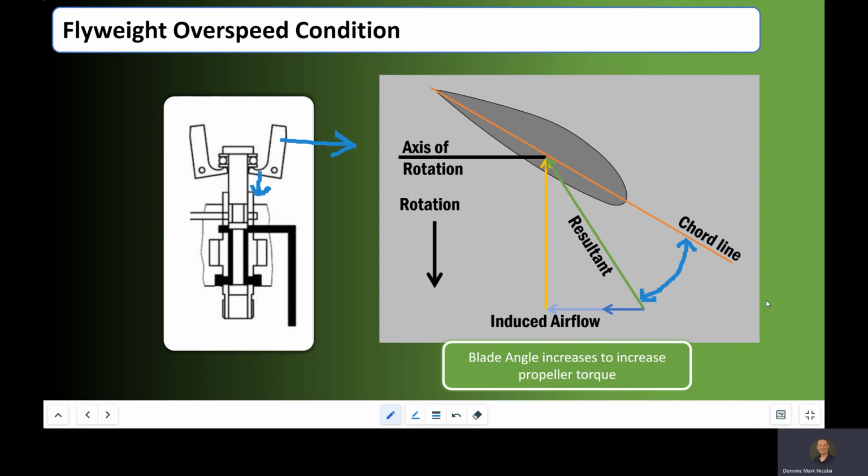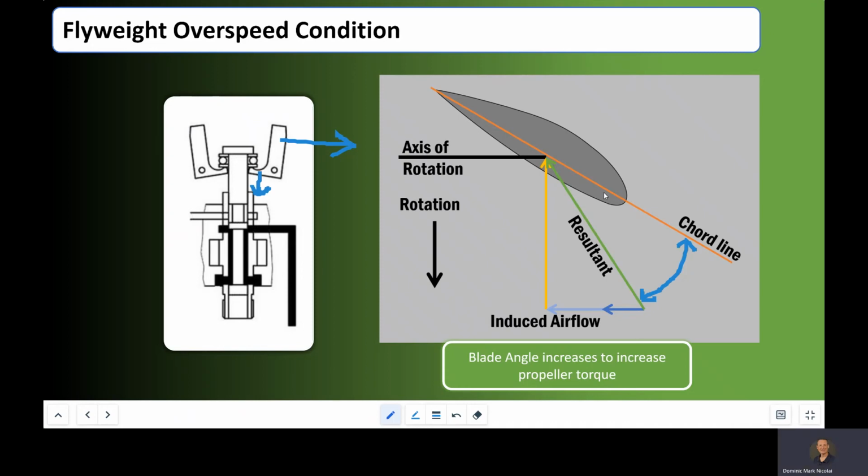Now, what does that do? Aerodynamically speaking, when you increase this blade angle, you are increasing what we call torque. Another way to understand that, we're increasing propeller drag. And if you increase the propeller drag and torque, you're going to cause it to slow down.